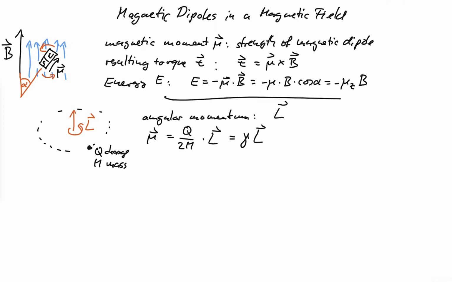And gamma, the constant that contains all the necessary parts, that is called the gyromagnetic ratio.